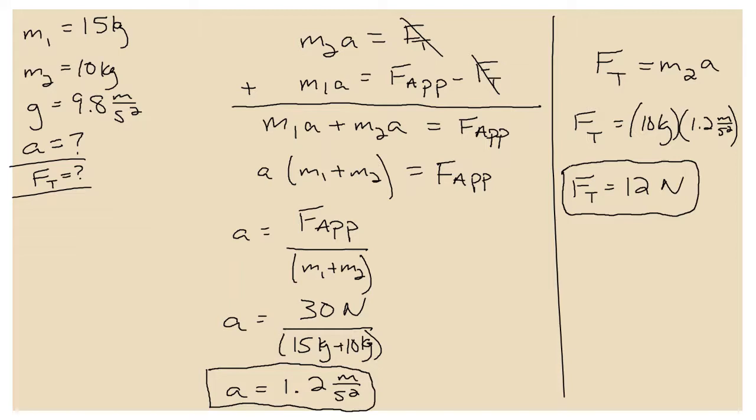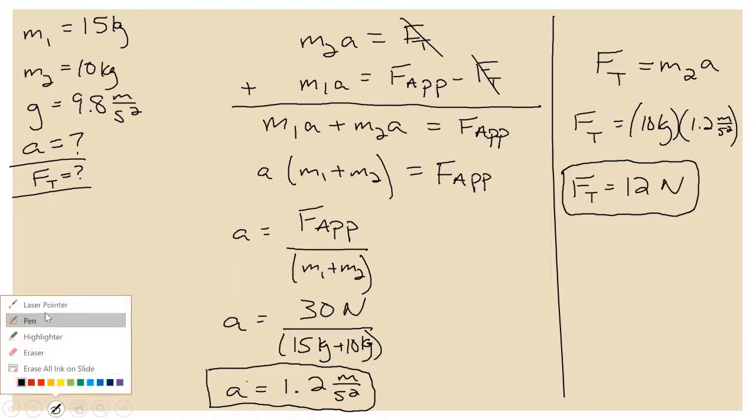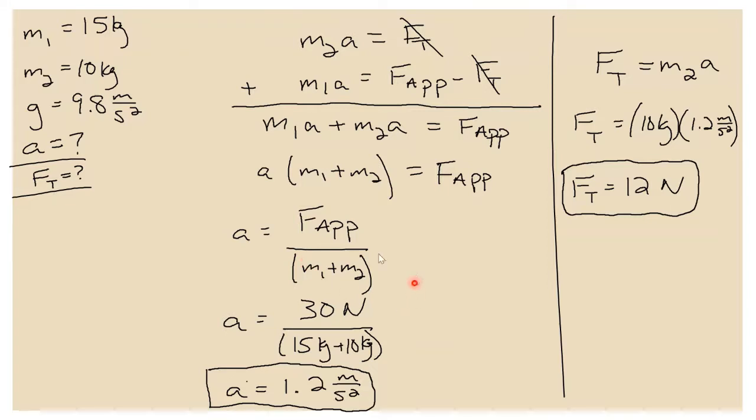Now, before we go, we want to just talk about some big picture concepts and some hints and little tricks. The first thing to realize is what we were saying over here. Every time we solve a free body diagram equation for the acceleration, it takes the structure of Newton's second law.